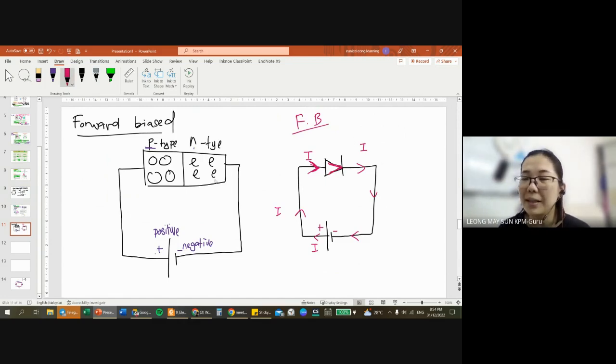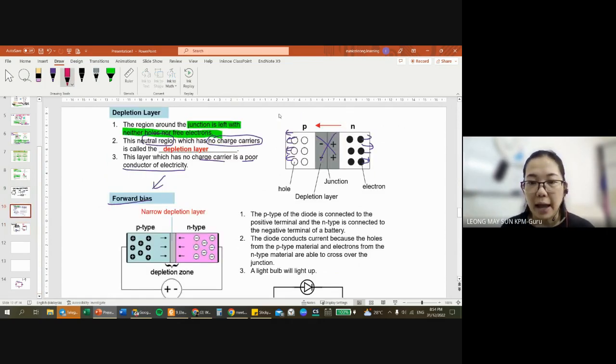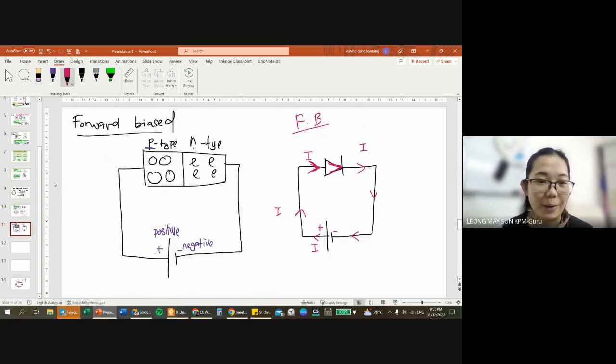So what happens inside this forward bias? The P-type of the diode is connected to the positive terminal and the N-type is connected to the negative terminal of the battery. I noticed they didn't really say much about this, so I'm going to go back to my own drawing and use my own explanation for you guys.